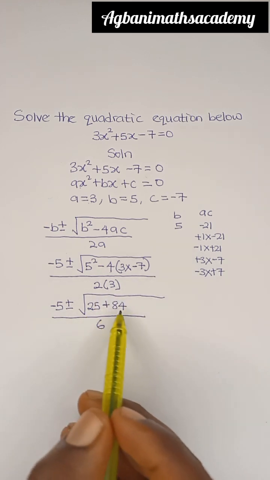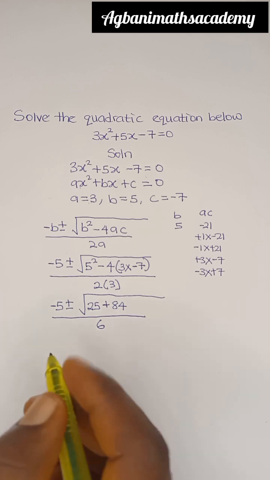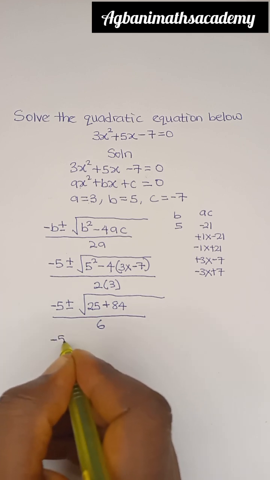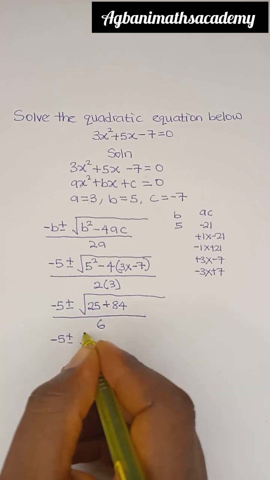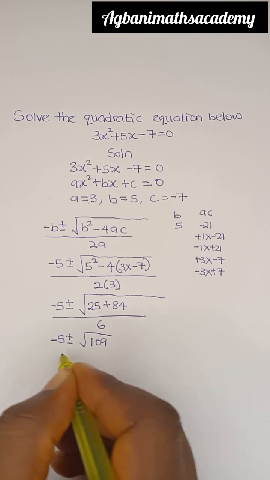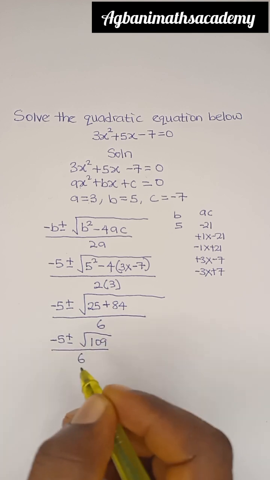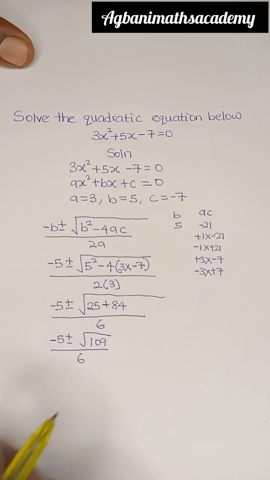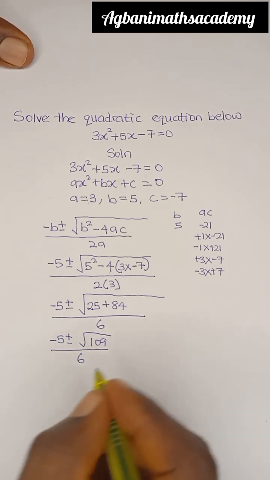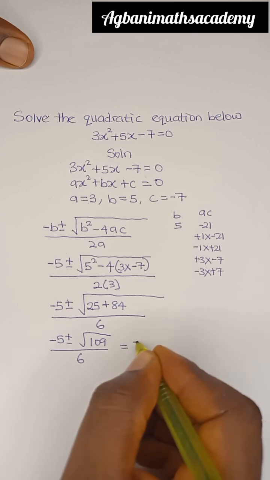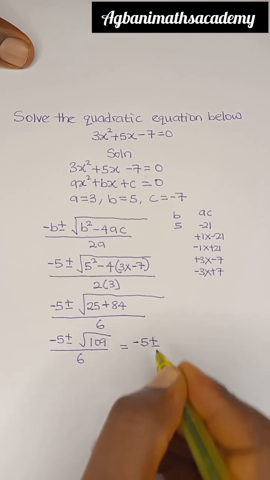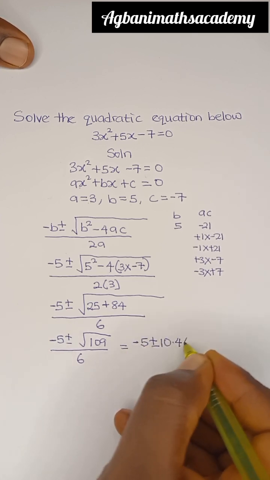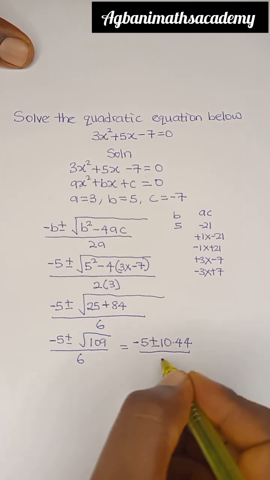So 25 plus 84 is going to give us 109. So this will be minus 5 plus or minus square root of 109 all over 6. So what's square root of 109? Square root of 109 is 10.44. So this will mean minus 5 plus or minus 10.44 all over 6.